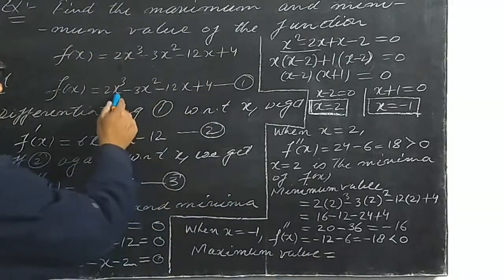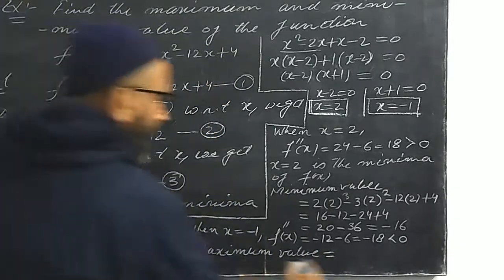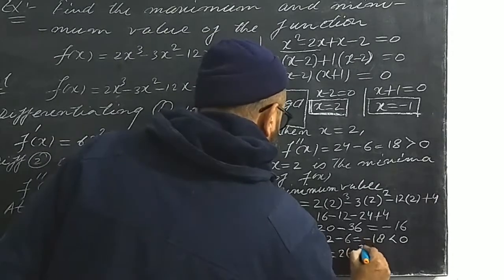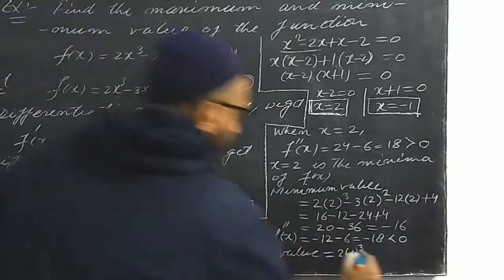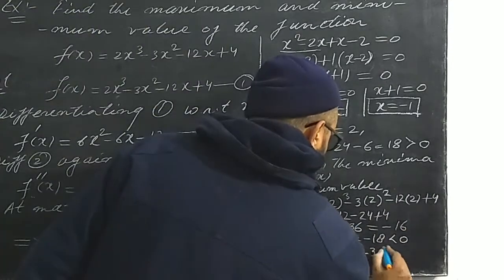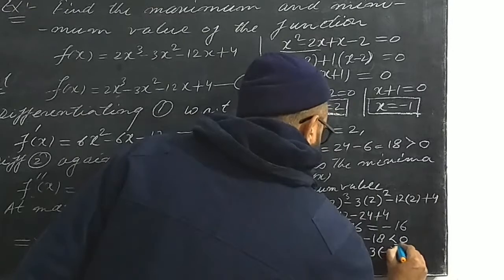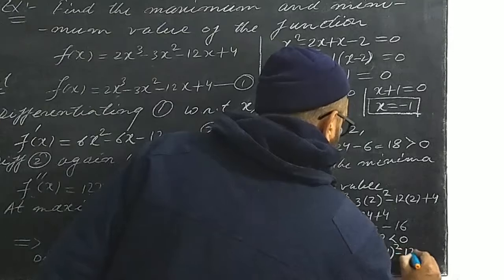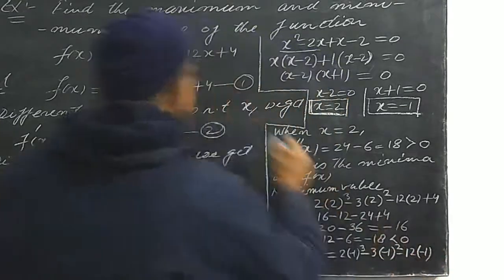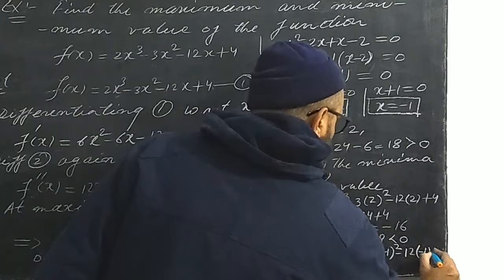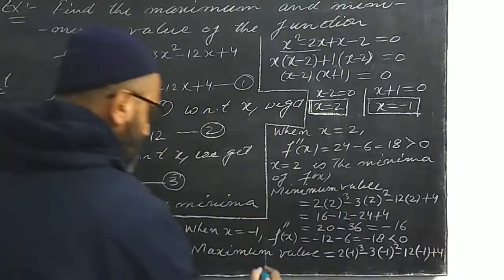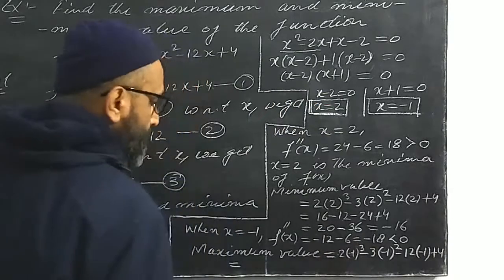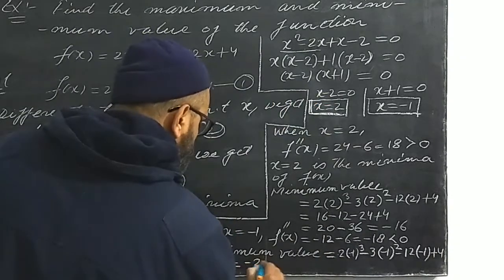is obtained by substituting x equal to minus 1 in the function. So we get 2 into minus 1 whole cube, minus 3 into minus 1 whole square, minus 12 into minus 1, plus 4. So solving, 2 into minus 1 cube is minus 1, so we get minus 2.